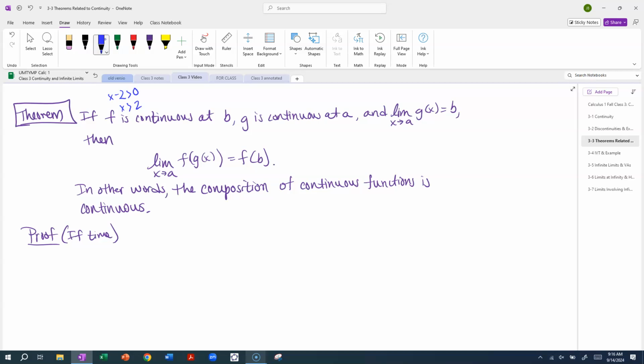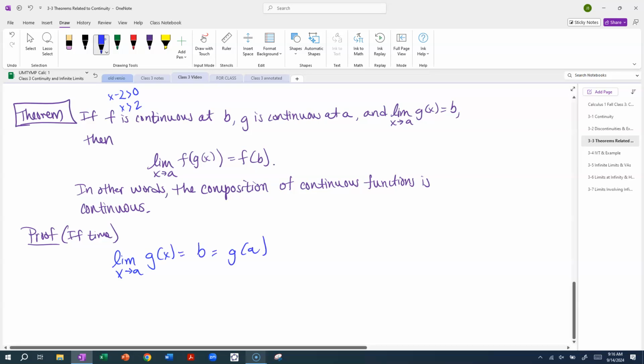So f is continuous at b, g is continuous at a, and the limit of g of x as x approaches a is b. Let's just start there. I know that the limit as x approaches a of g of x is b. But this is by definition g of a, right?